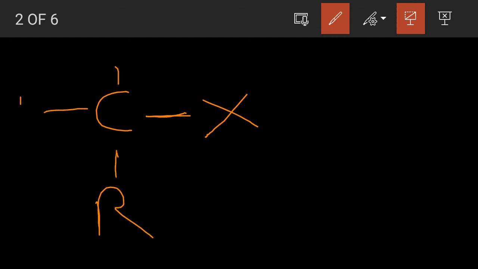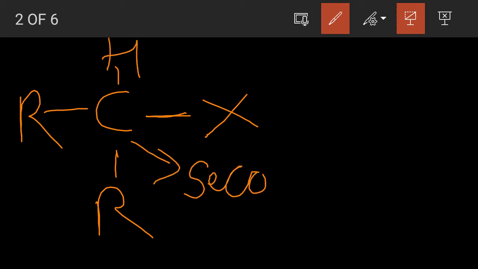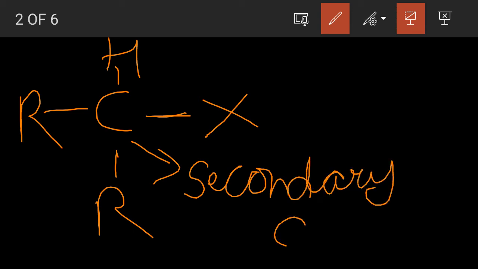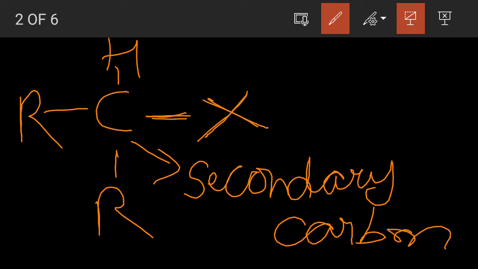In the second type, what happens? The carbon atom which is bonded to the halogen atom is bonded with two alkyl groups. Then this carbon is called a secondary carbon. This is a secondary carbon. Then this halogen atom is bonded with the secondary carbon.